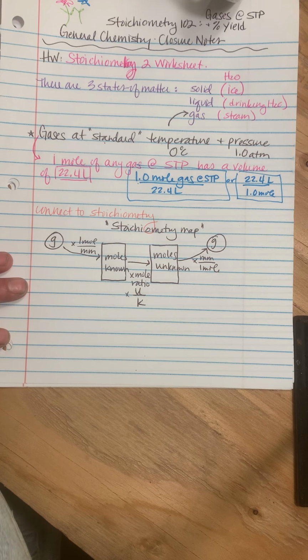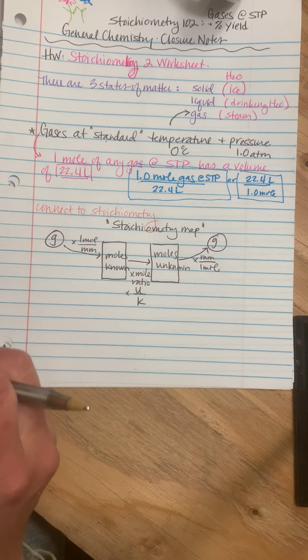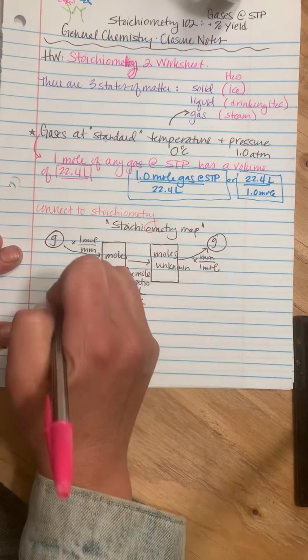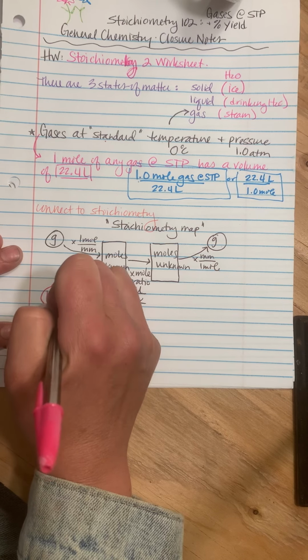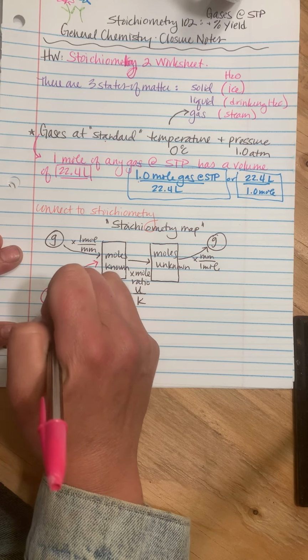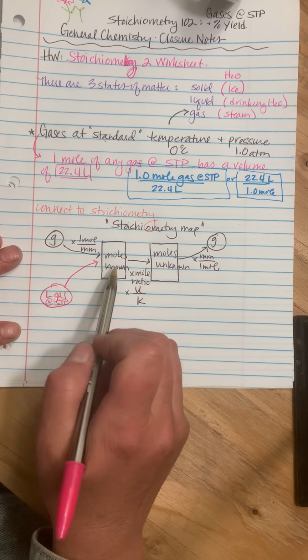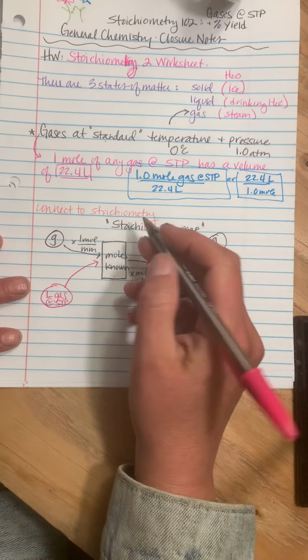What I'm going to add in here, I'm going to use pink because I'm feeling pink, is what if we are given liters of gas at STP. Instead of being given grams, we're given liters of gas at STP.